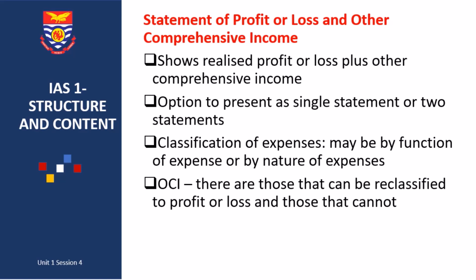So we have the conditions: under what circumstance would you reclassify items that go to OCI to profit or loss, and under what circumstance would you be prevented or restricted from reclassifying them to profit or loss at the end of the period.